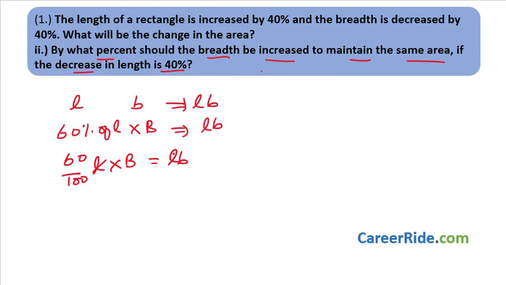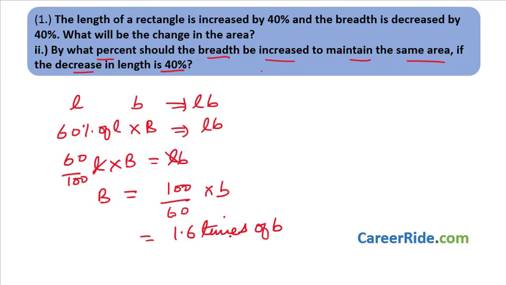Okay, now when we solve this, what do we get? We get capital B, that is the new breadth, is equal to 100 upon 60 of the original breadth. So it is 1.6 times of the original breadth. Now see this. When we say something has become 1.5 times of something, right?